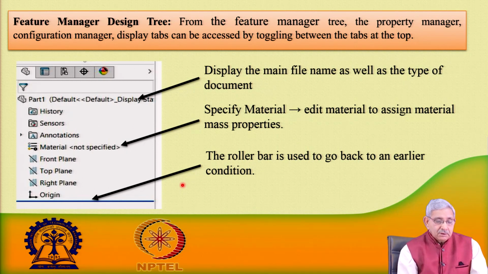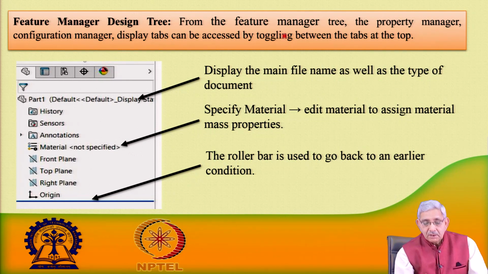Now, in this particular software, these features and toolbars show the feature manager design tree, property manager, configuration manager, and display tab, which can be accessed by toggling between the tabs at the top.